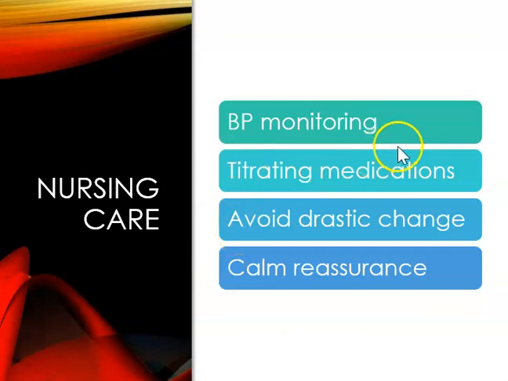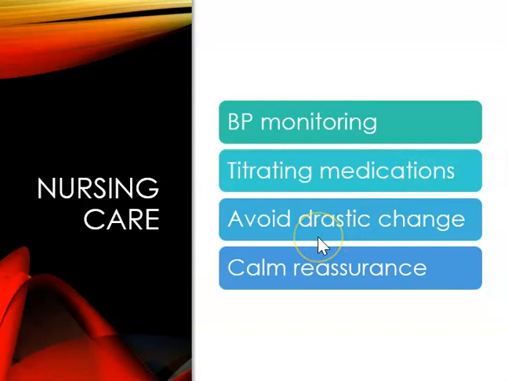Your nursing care, you're going to be continuously monitoring their blood pressure, so that way you know if they're responding to the treatment. Titrating the medications, that's very important. You're not going to be doing this quickly, so you want to reduce their blood pressure slowly over time. So you're going to be in there monitoring them, taking their blood pressure, and then titrating those.